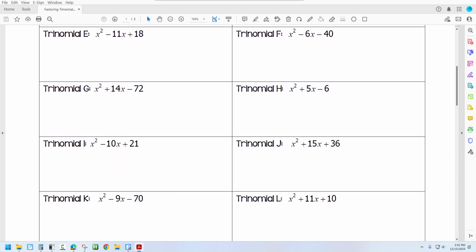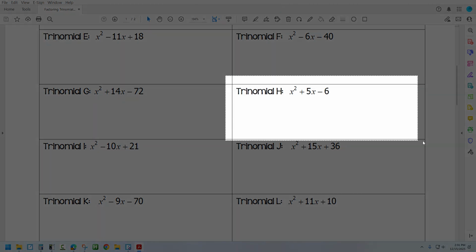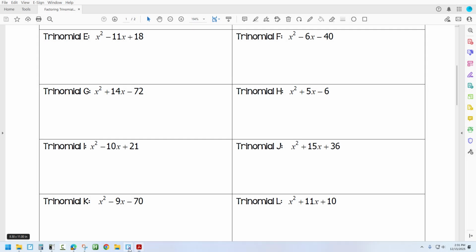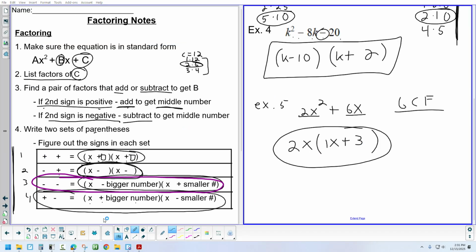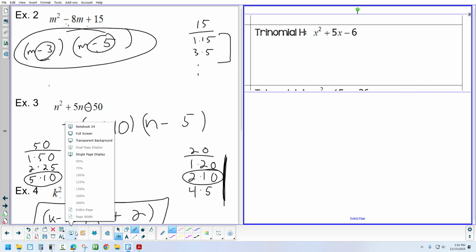Let's look at H. What they want us to do is factor it. When we start to factor it, we're going to have our 2 sets of parentheses. Let me copy it so I can write on it easily.